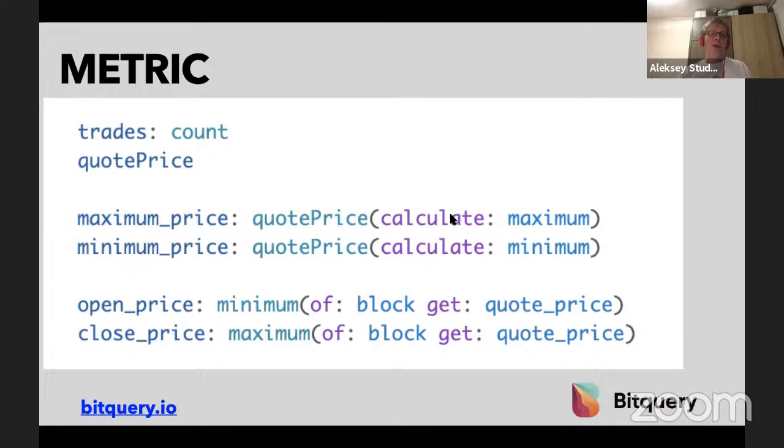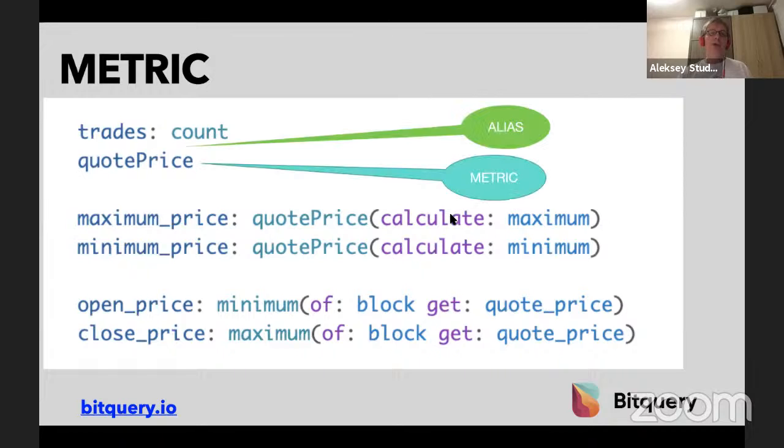So we have a metric, we have the alias for the metric, sometimes we need it. And also we have the function which defines which particular formula we need to apply when we calculate in this example. Another example below is minimum of block get quote price.